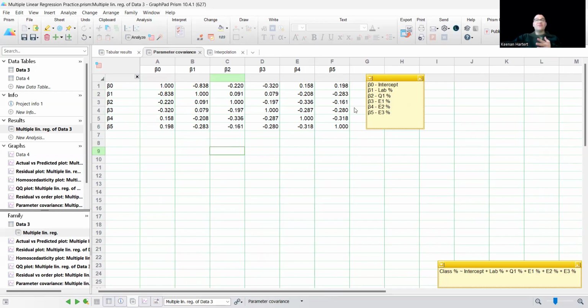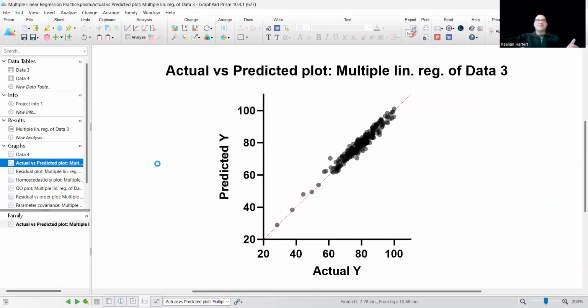But even here, if I wanted to say -3, so beta 2 and beta 4, quiz 1 and exam 2, they actually influenced each other in an inverse way in this case, but that number is not high enough that we would say the value is untrustable. This is similar to the Cox regression analysis that we did with categorical variables in survival, in that sense of predicting things. So let's take a look at these plots.